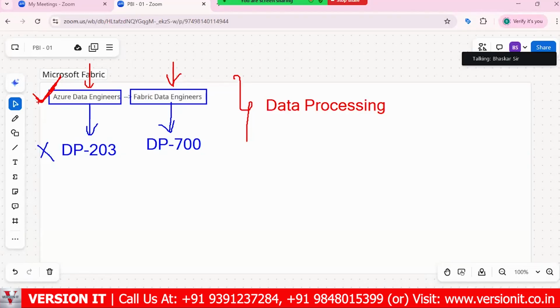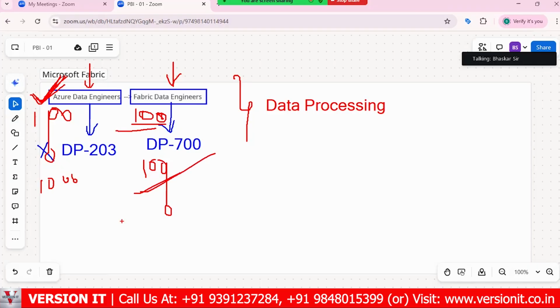I want to give one clarity here. There are more openings, even for Azure Data Engineers, and there are more resources also. For example, if I have 100 openings, I may have 1,000 resources. But with Fabric, if I have 100 openings, you may not have even 100 resources, because they particularly want Fabric Data Engineers.